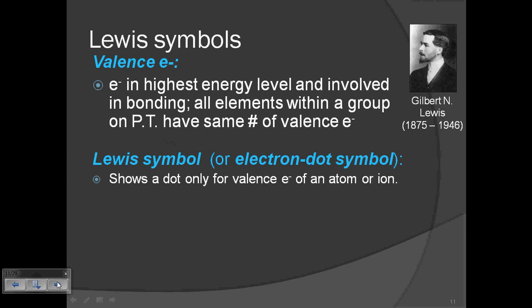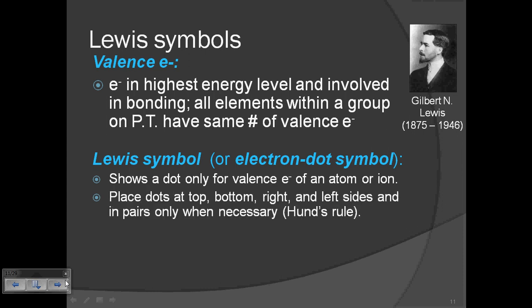Now how do we write Lewis symbols? Lewis symbols are also called electron dot symbols, where every valence electron is represented as a dot. You write the symbol of the atom in the middle. You start placing the valence electrons as dots around the symbol. The thing to remember is you do not want to pair the dots until each side has had one dot.